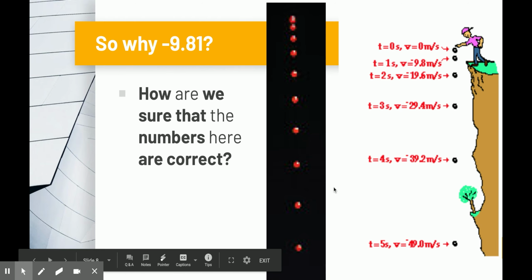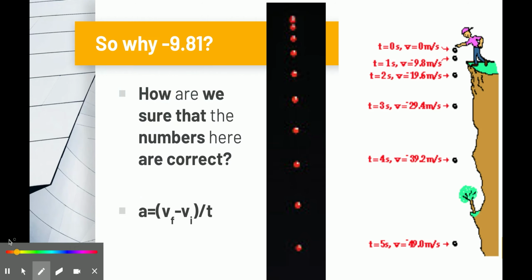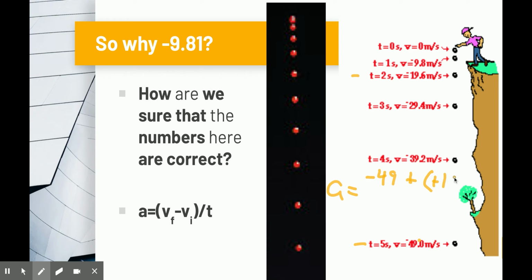And to double check that these numbers are correct, we can use the formula like I just did. Let's do 5 seconds. Let's compare a non-zero. Let's compare this one and this one. So we have A is equal to our final, which is negative 49, the further one, minus a negative, so that would just make this plus 19.6.